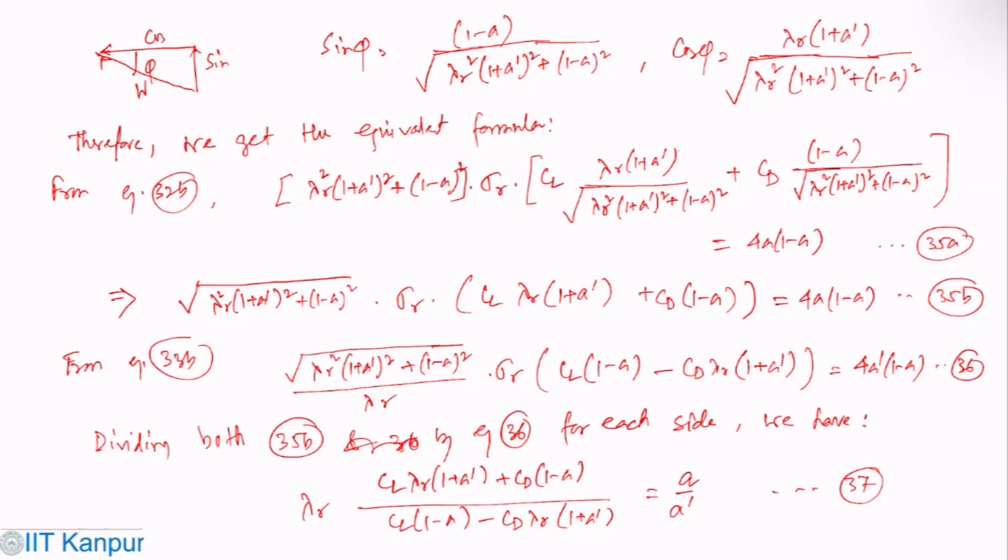So now if you recall from the rotor disk theory, A prime equals A into 1 minus A by lambda r square.